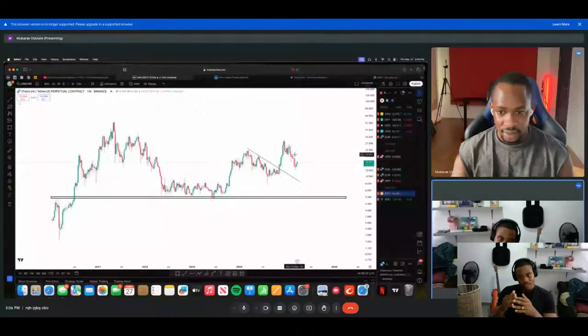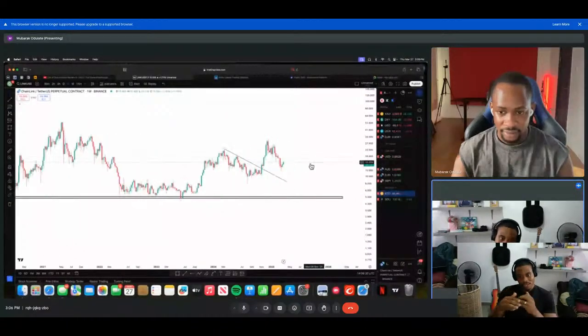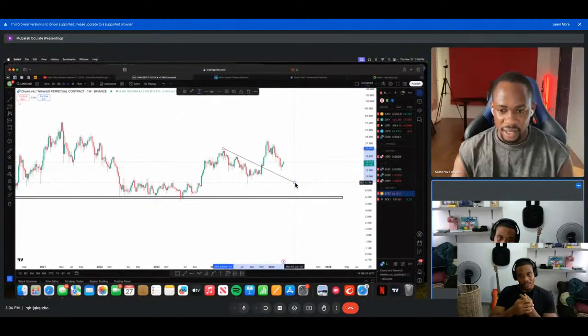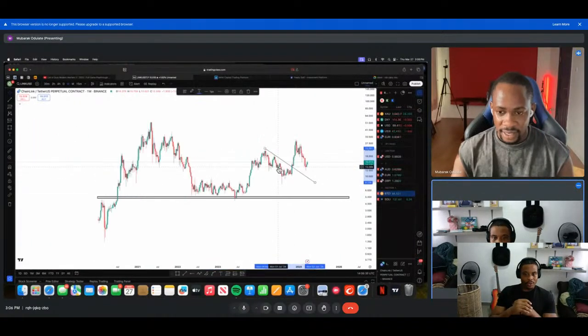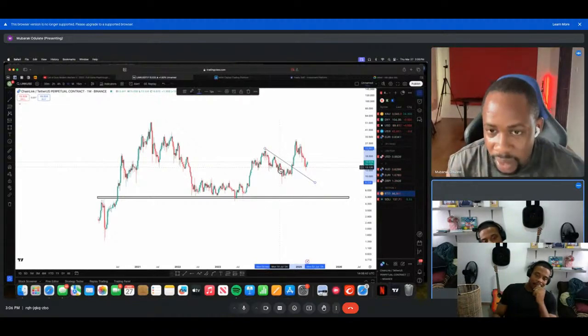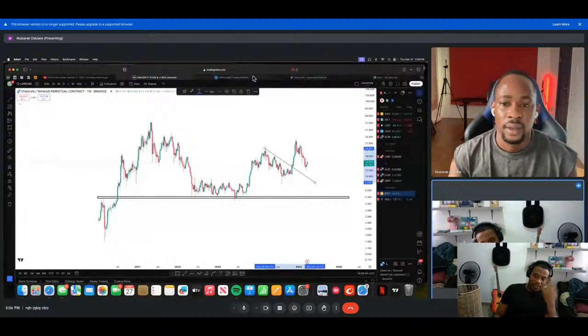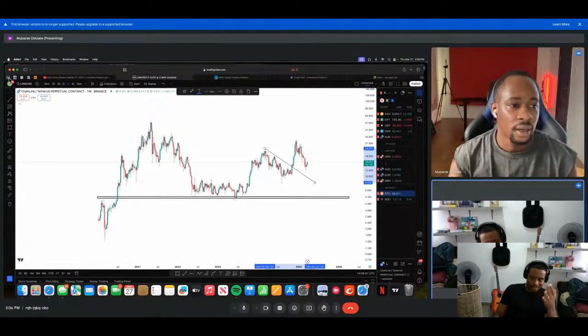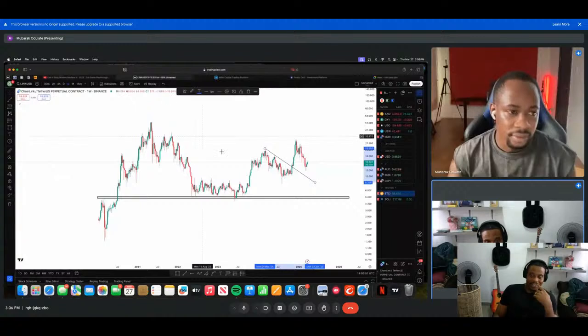It broke out, and it's trying to revisit that old trend. So it could keep selling. Based on this, it's supposed to keep buying. But after many months in the market, this is showing me that it's going to keep selling.